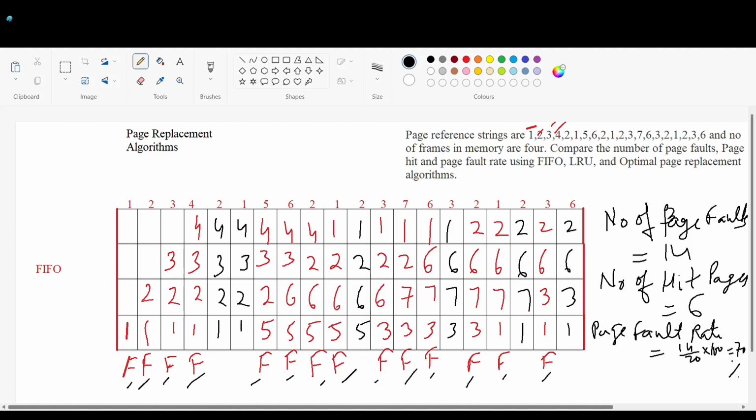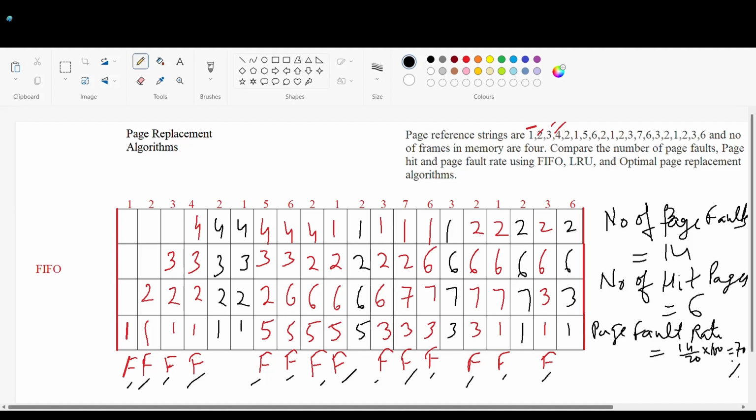Now 7. We have 4 pages: 1, 2, 3, and 6. 6 will be used here, 3 will be used here, 2 will be used here, and 1 will be used here. So 1 is the page that will not be used for the longest period of time. So 1 is replaced by 7, right?